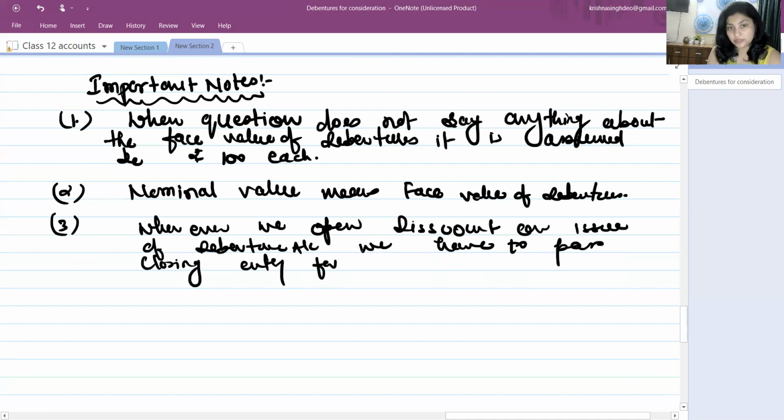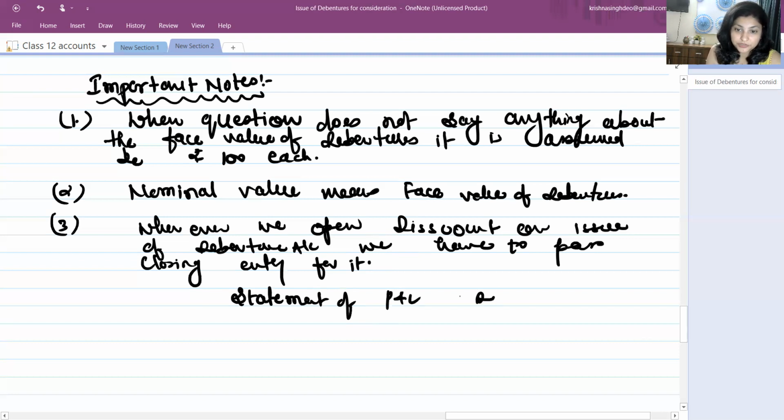Though I did not pass this entry in all these questions because I'm going to teach this topic in detail with terms of redemption. That is why I was keeping it on hold. But since we are writing the notes, so I will write the entry over here. So the entry for closing it, statement of P&L, debit to discount on issue of debenture.